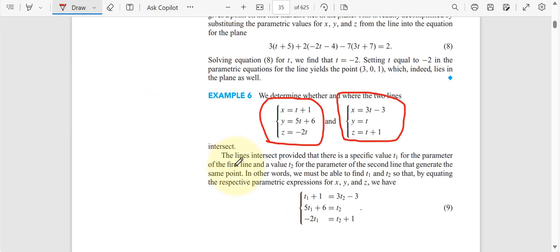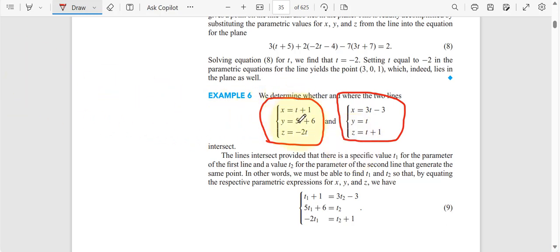that denote that point. Okay, so if they intersect, that means they have a point in common. That means that there's a t that we can put in here that will give us an x, y, z. And there's another t, which could be the same but needn't be, that will give us the same x, y, and z. That means they both contain the same point.